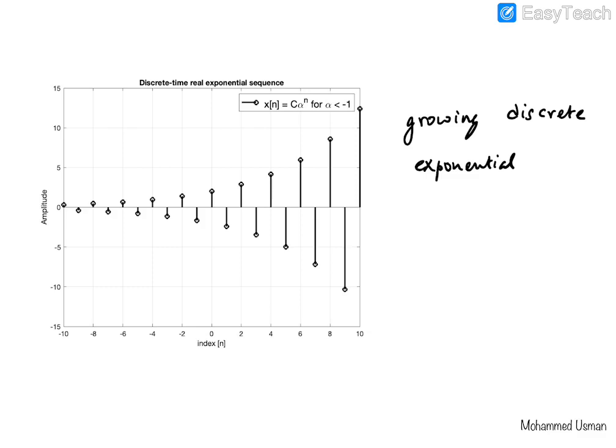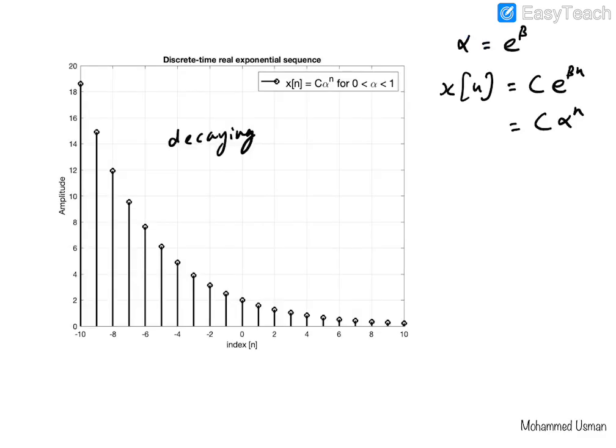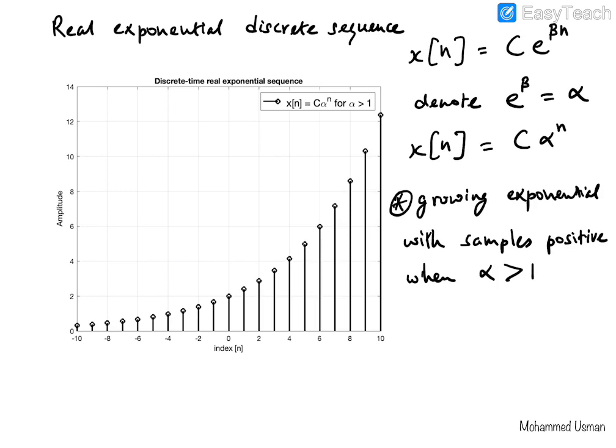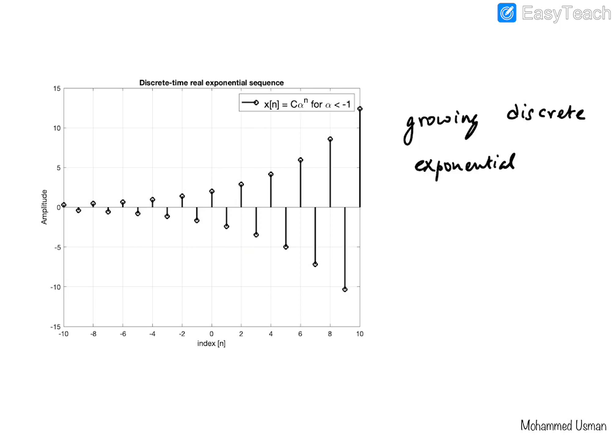Okay, and we get this growing condition when alpha is either greater than 1 or even less than -1, or in general we say that, combining these two conditions, here alpha is greater than 1, so we can write the magnitude of alpha greater than 1, and similarly here it is growing but alpha is less than -1, so we can say magnitude of alpha greater than 1, right?